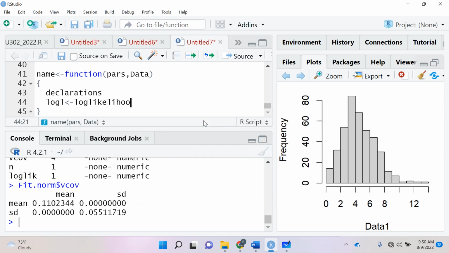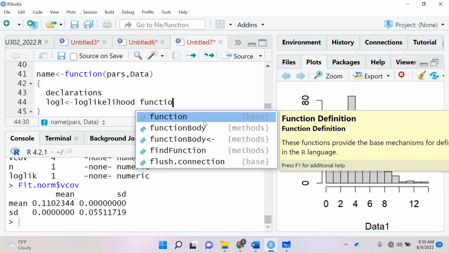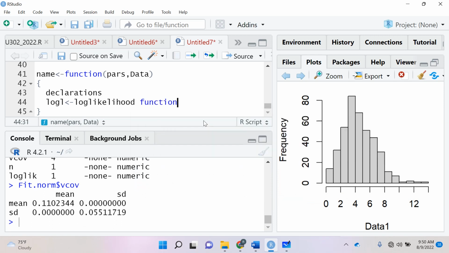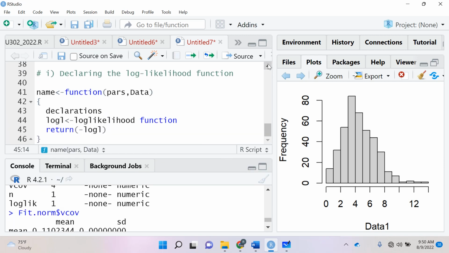It's nothing else but the log likelihood function. And then what next? We return the negative log L. I'll explain this. Sorry, it's log L.